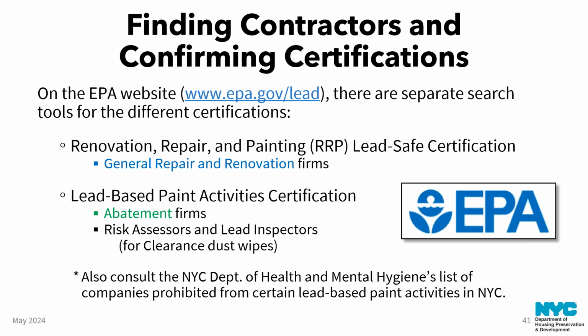As a government agency, we cannot recommend particular contractors to you, but what we can tell you is that the EPA website has two separate search tools for each kind of certification. So one for the general repair and renovation category, and one that you can use to find abatement firms and to find risk assessors and lead inspectors. And those are the folks who can do your dust wipe sampling. And you might hire one of those in order to arrange for that testing as well.